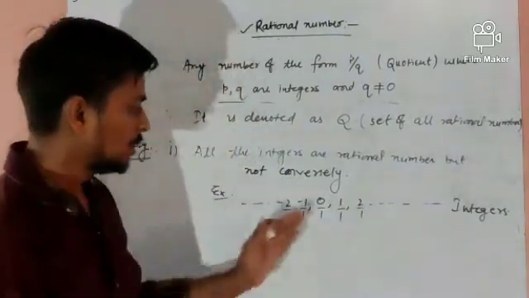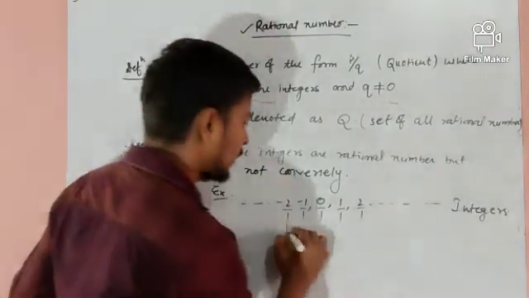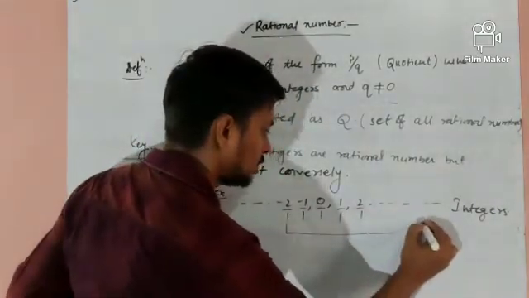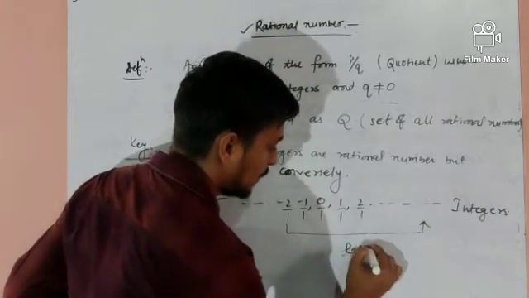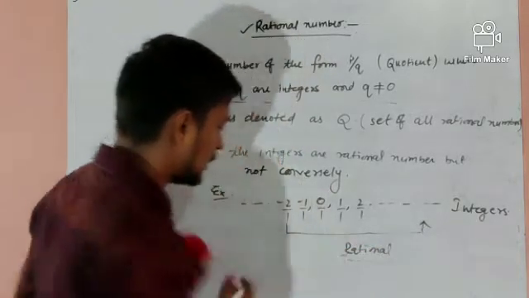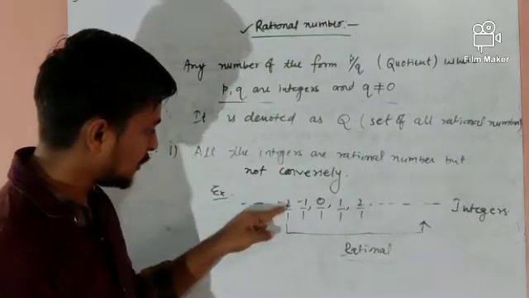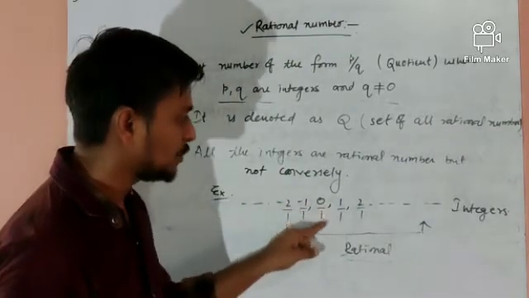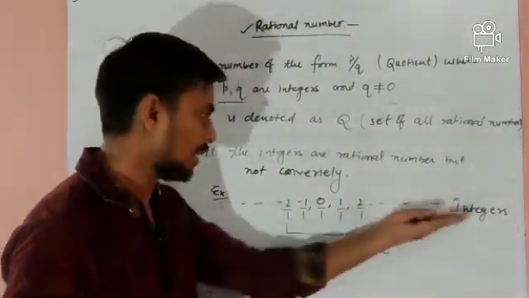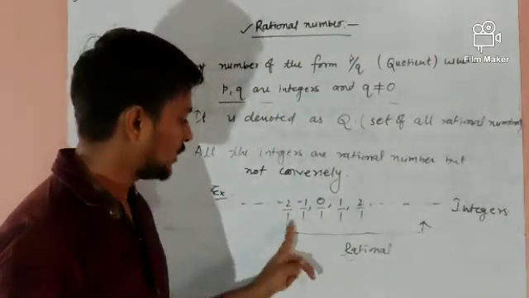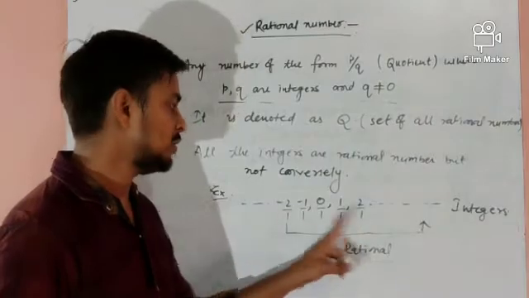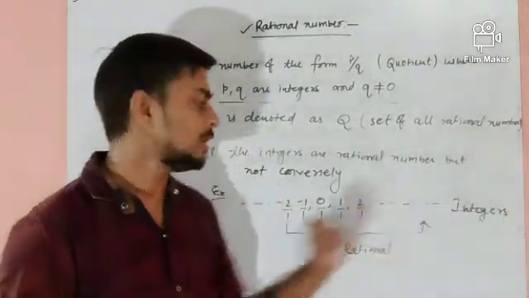So these are all converted into rational numbers. Why? Because these are in the form of p upon q, where p is an integer already, q is 1, which is an integer already, and q is not equal to 0.